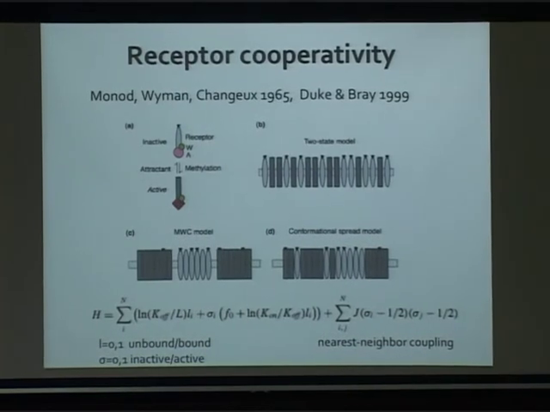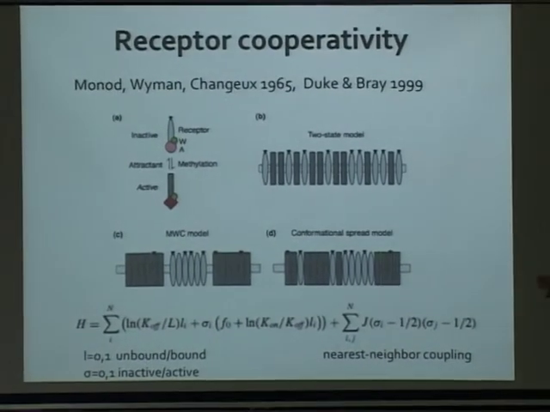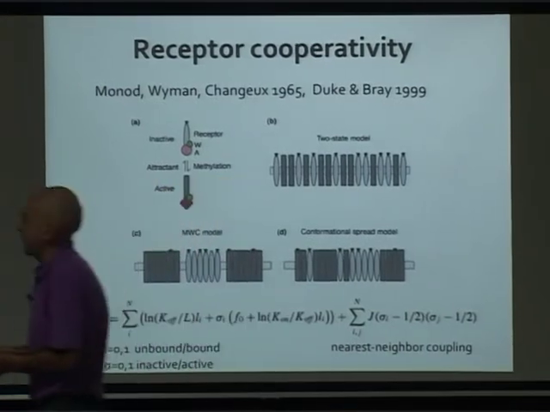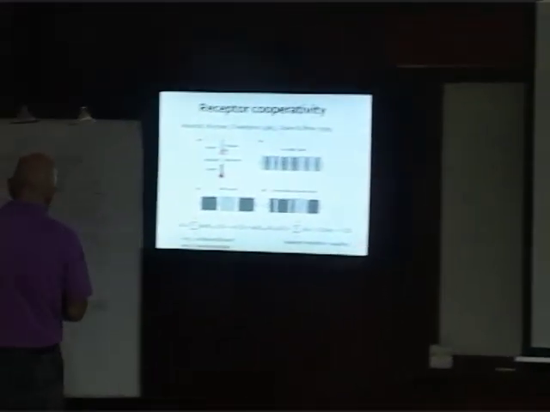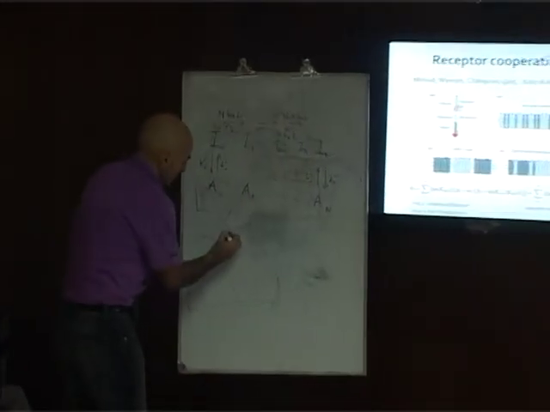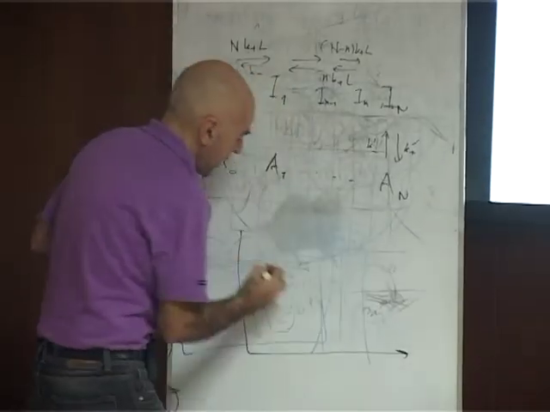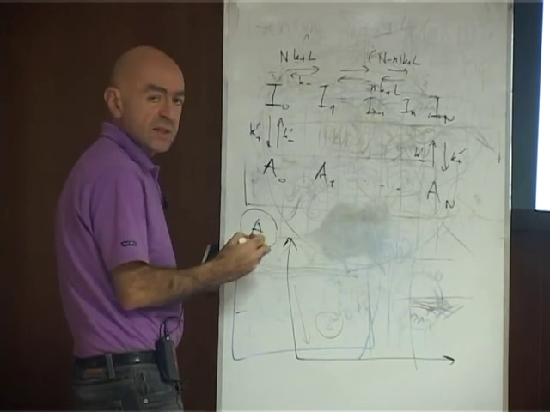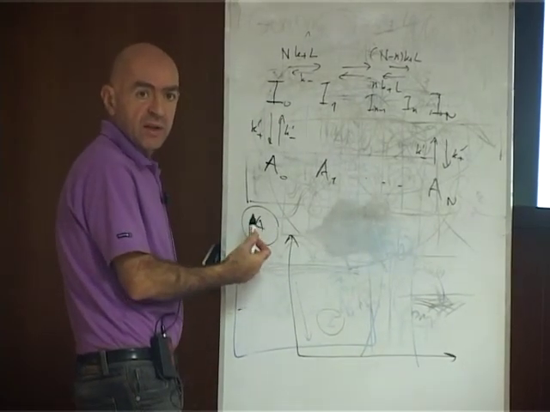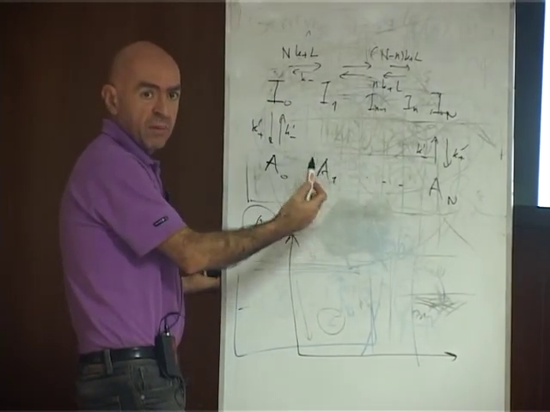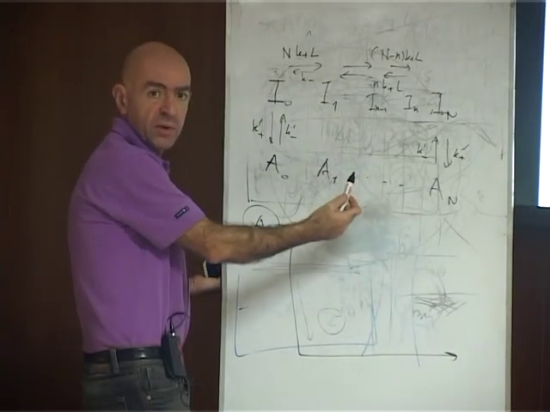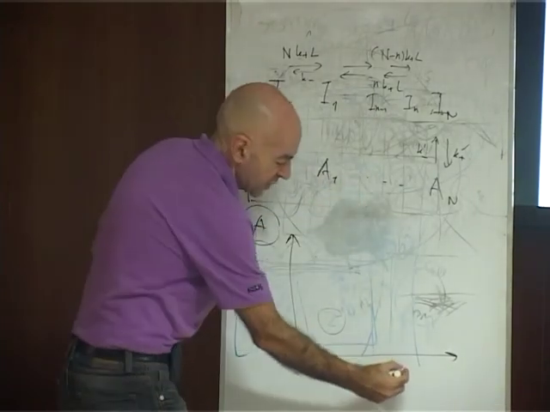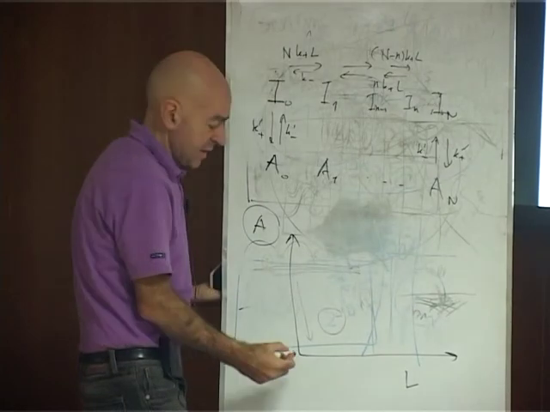As a result, the response for these clusters takes this form. So the fraction of active, the activity of the clusters, which is the fraction of active molecules, no matter how many binding molecules they have, as a function of the concentration of ligand.